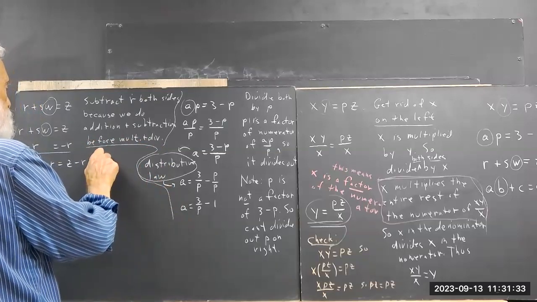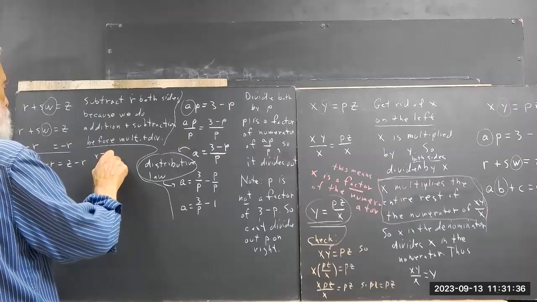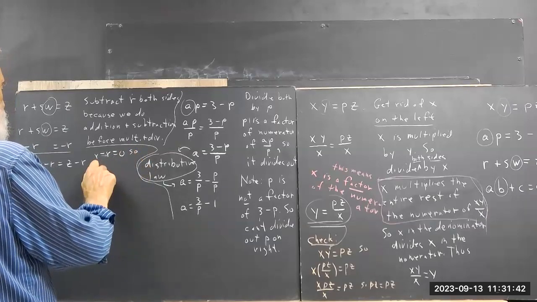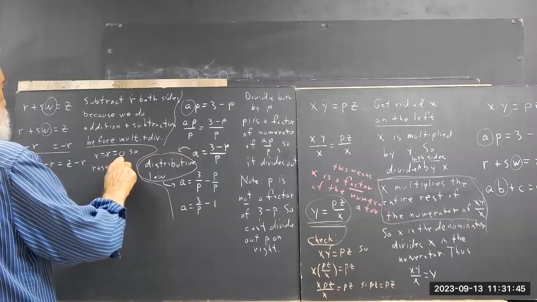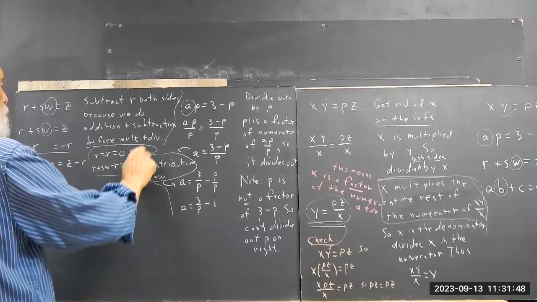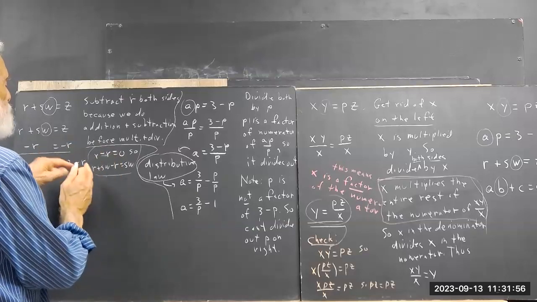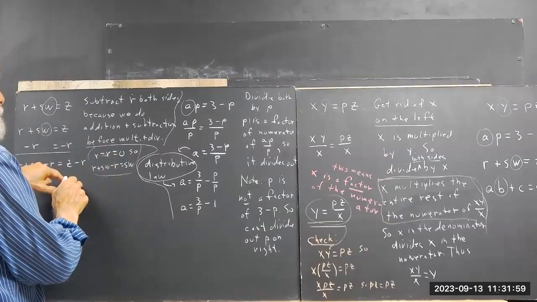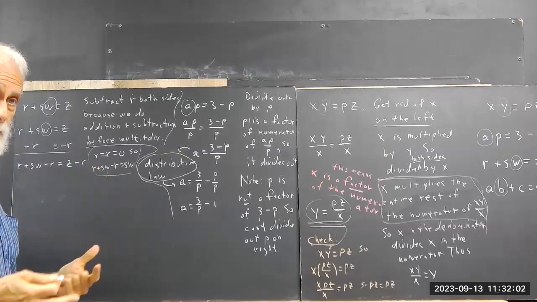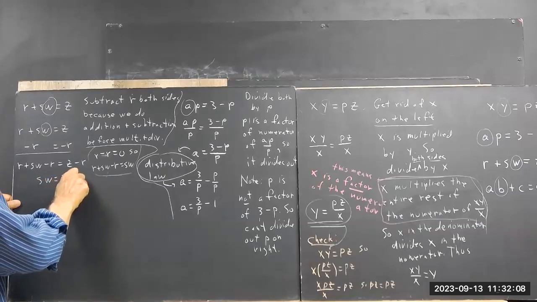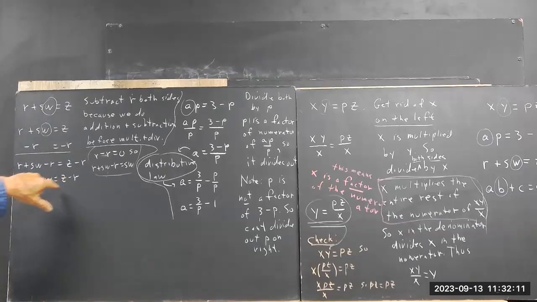So R plus SW minus R just equals SW. We can rearrange this: we put the minus R next to the R. R minus R is 0, and 0 plus SW is SW. So I'm kind of skipping that until I see that people don't understand it. Okay, so SW equals Z minus R.